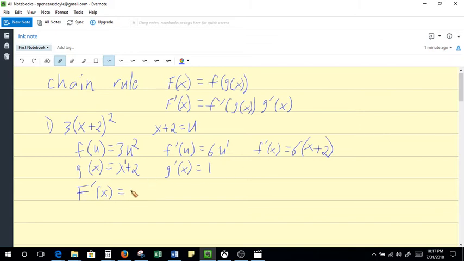So f prime of x is equal to f prime of g of x, which we have right here, times g prime of x, which is just 1. And we can distribute that through to become 6x plus 12.